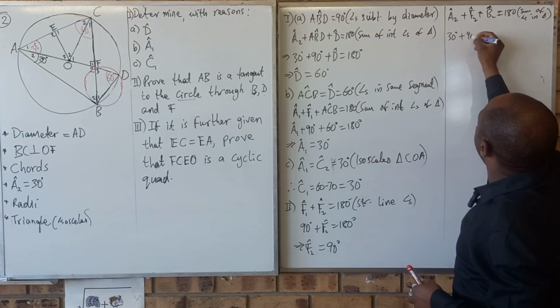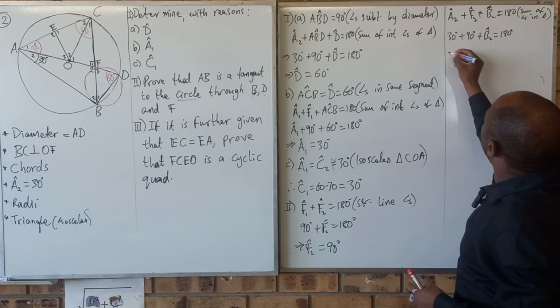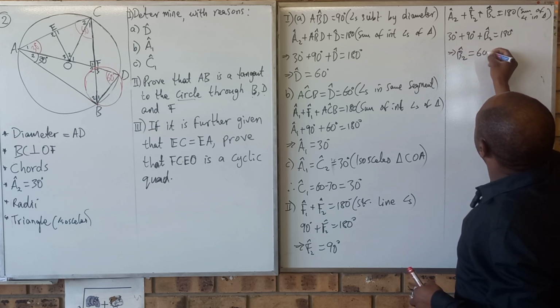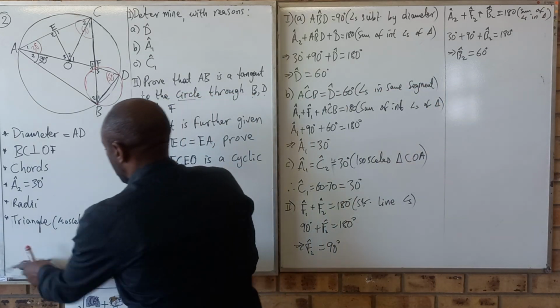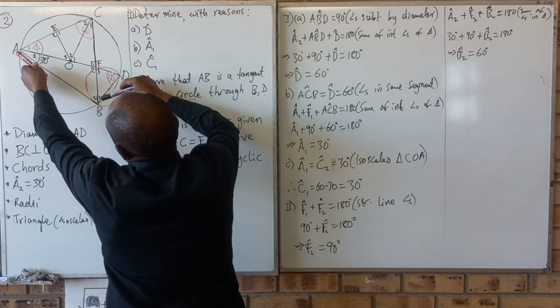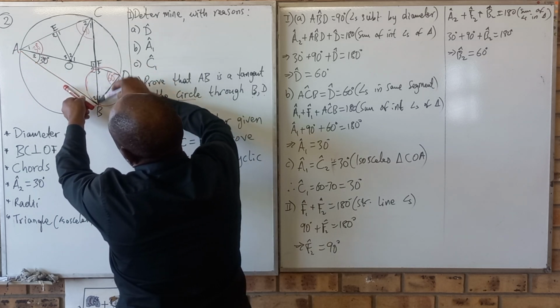Our F2 we've seen it to be 90, so B2 is what we are looking for. So we've succeeded to prove that B2 is equal to 60 degrees, which is an angle between the line AB and AF and FB.